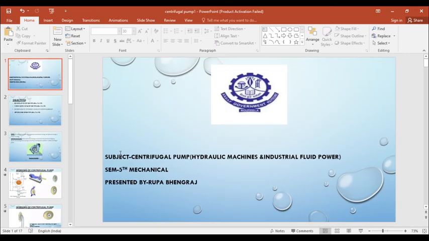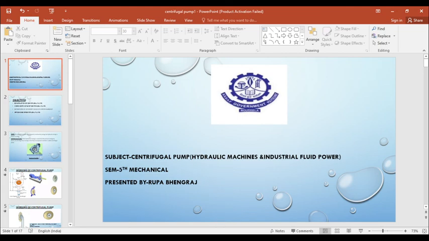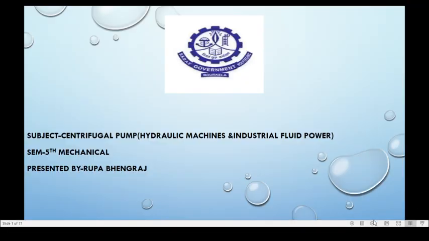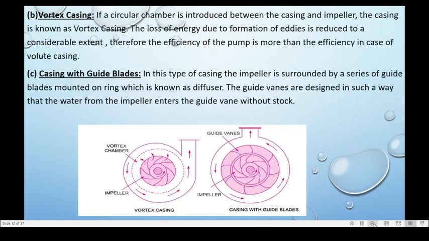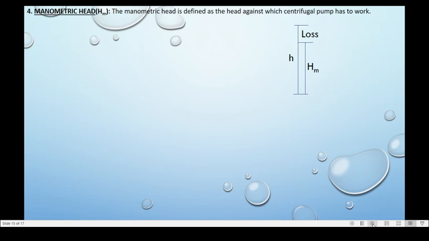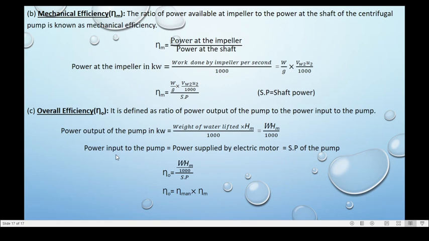Next, the power input of the pump is equal to the shaft power. So W Hm divided by 1000 divided by shaft power is your overall efficiency, and overall efficiency can also be given as mechanical efficiency into manometric efficiency.